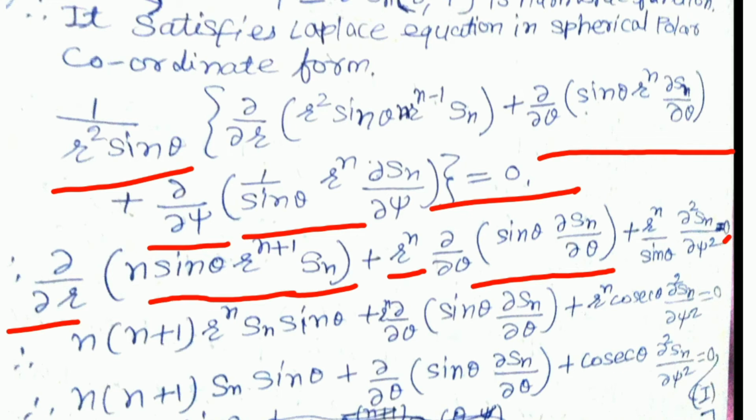Again after differentiation, what we get? We get n in bracket n plus 1, r to the power n Sn sin theta, plus r to the power n dou by dou theta of sin theta dou Sn by dou theta, plus r to the power n cosec theta dou 2 Sn by dou psi square, is equal to 0.